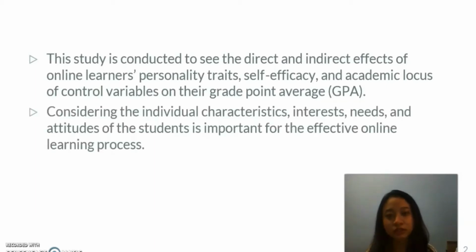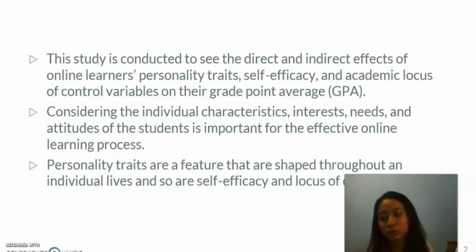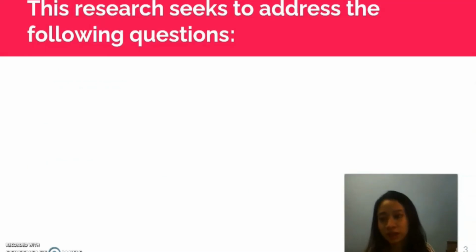Considering the individual characteristics, interests, needs, and attitudes of the student is important so that the online learning process can be as effective as possible. So it is important to know which characteristics would affect a student's academic achievement.